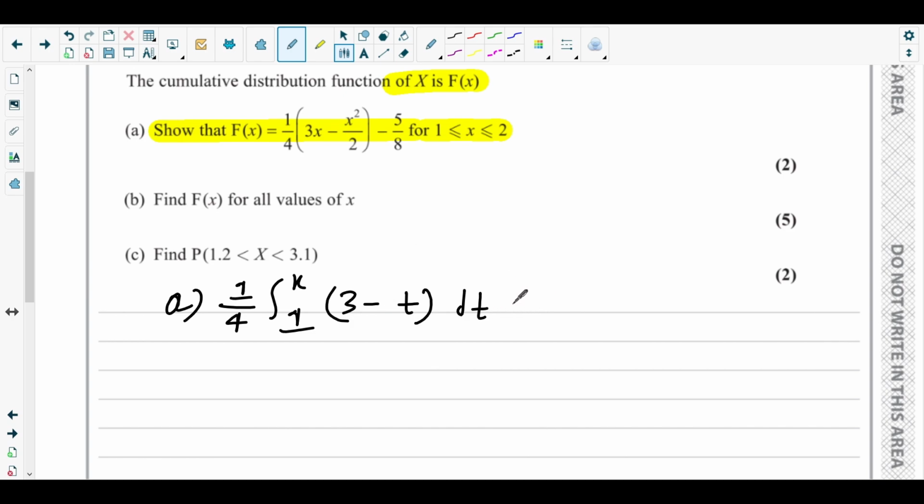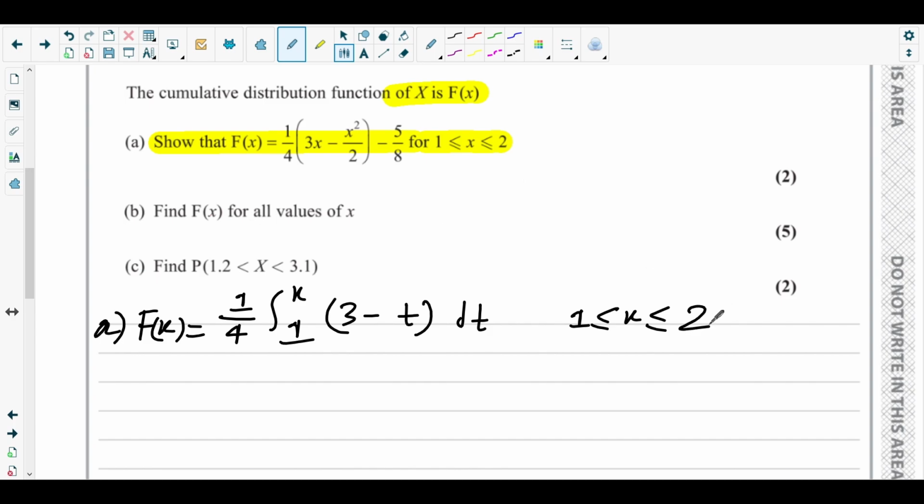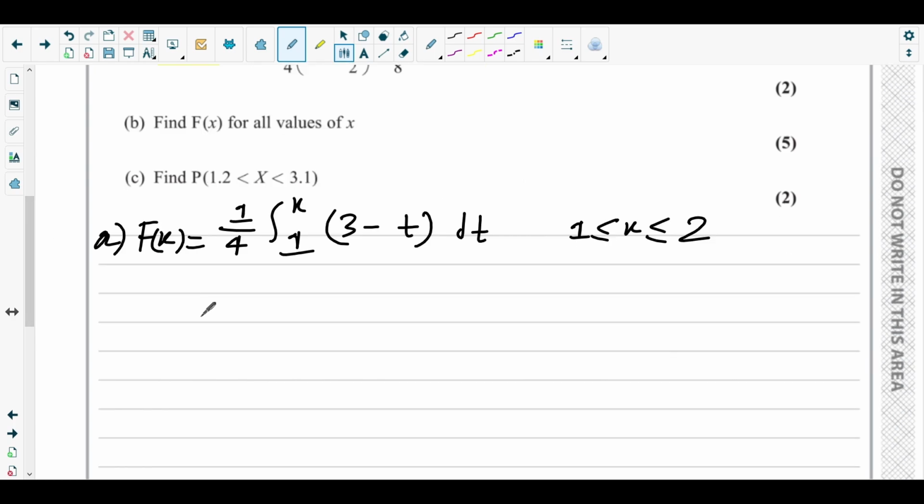So this is the equation for the CDF. F of x, for part A, is this equation for the CDF for the interval x greater than or equal to 1, less than or equal to 2. Now integrate.